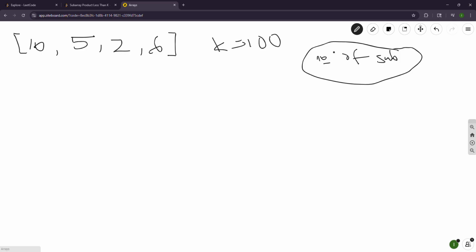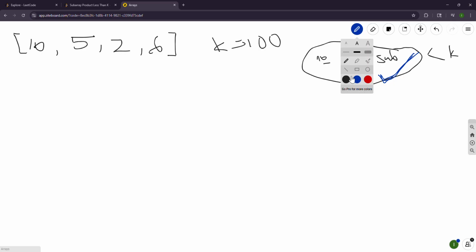This is what we want, but it has to have a limit, and it should be less than k. So while the subarray that we are looking for is less than k, that means it is valid. This is a valid subarray.